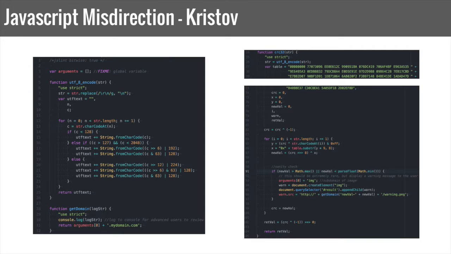And I say, well, imagine if newval for some reason exceeded Math.max or went under Math.min. These are two values in JavaScript that have some significance in terms of their value. If you had a number that was not in that range, it would probably lead to some undefined behavior.